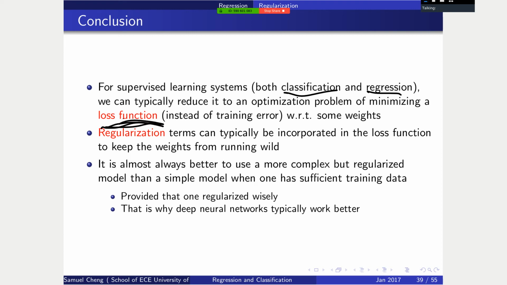You have some fixed model with parameters you can tune, you define a loss function, and then you minimize it with respect to those parameters. Regularization, in my own words, is just trying to make the weights not run wild, to make them less active somehow.